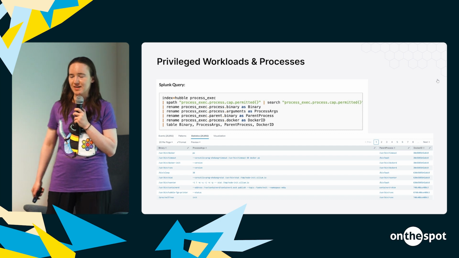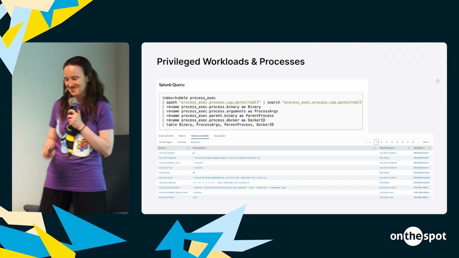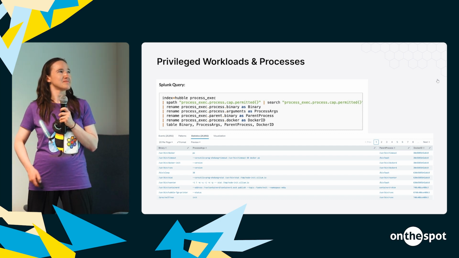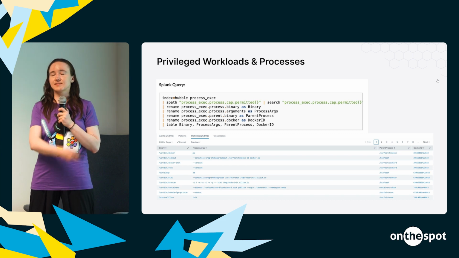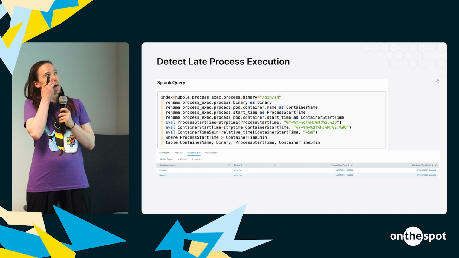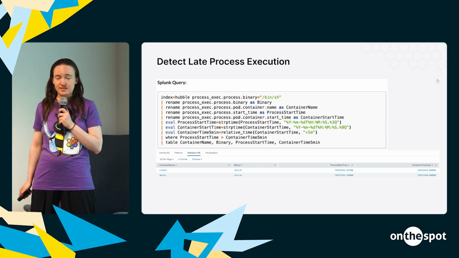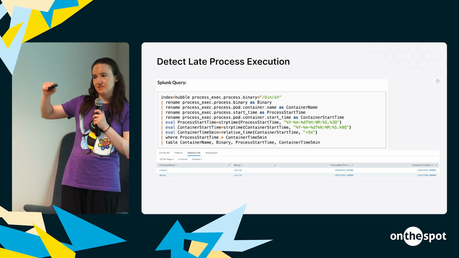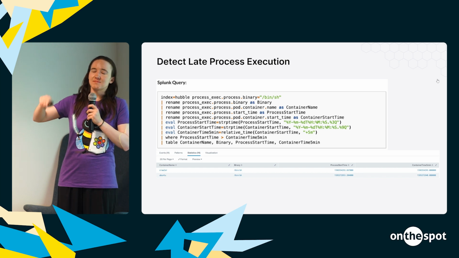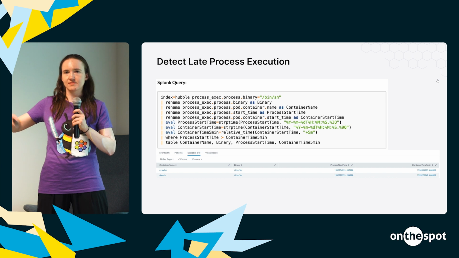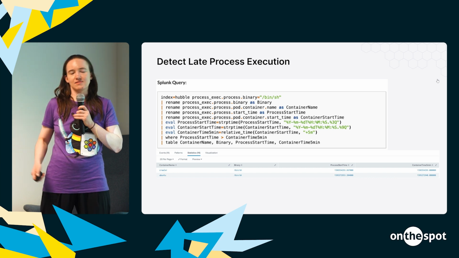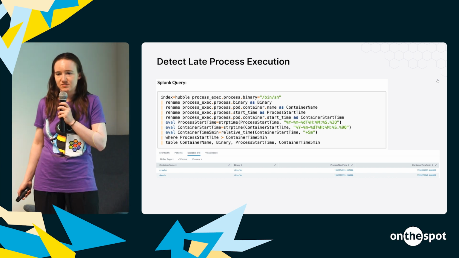Don't pay much attention to the Splunk queries. I just put them on the slides. But we can just query for Linux capabilities, and we get this information. Then take late process execution. Late process execution is when, for example, a Kubernetes-native workload starts up, and usually we just expect it to run after this.